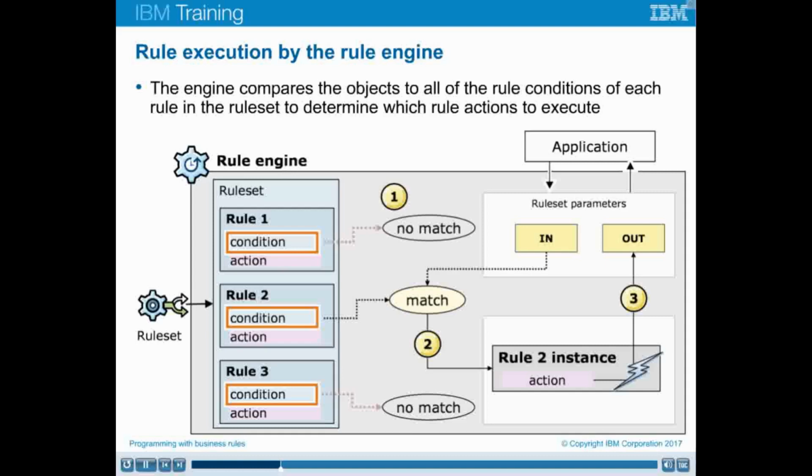Every time there's a match between a business rule condition and an object or a group of objects, the rule engine creates a rule instance for step 2. In step 3, the rule engine executes the rule instance by completing the rule action. The execution mode that the rule engine is using determines how that rule instance is processed.